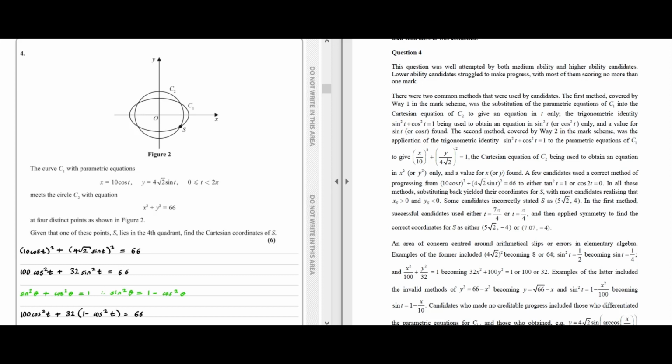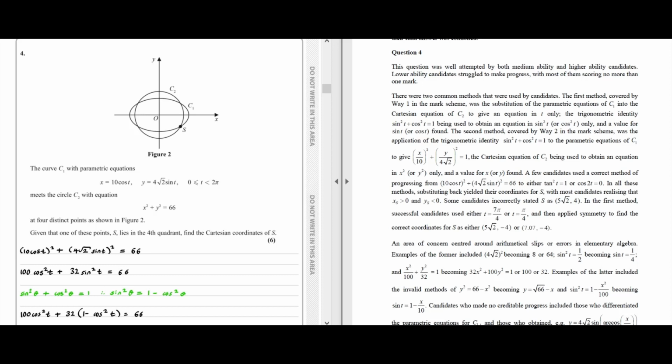And then the trigonometric identity sine squared plus cos squared equals 1 was used to obtain an equation in sine squared or cos squared only, and then the value of sine theta or cos theta was found.